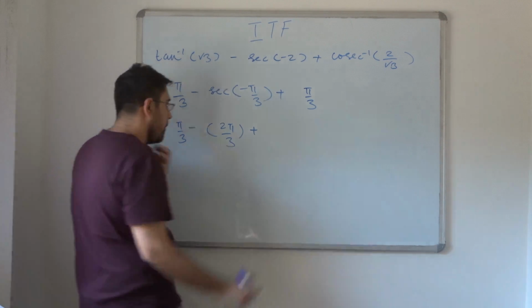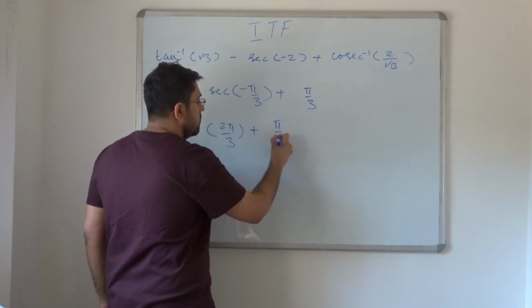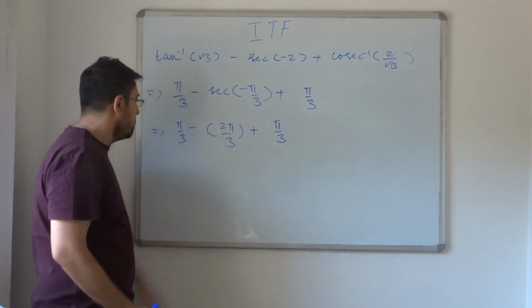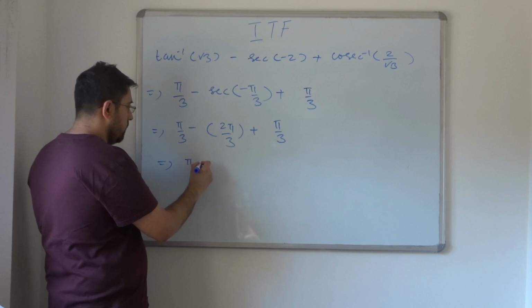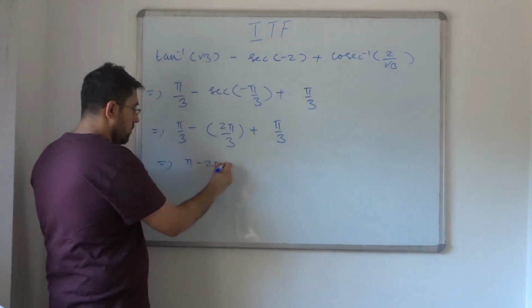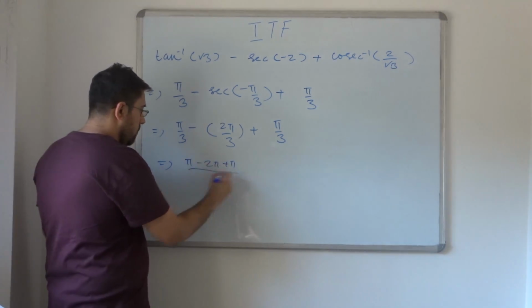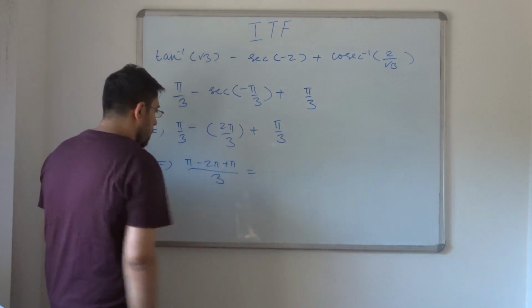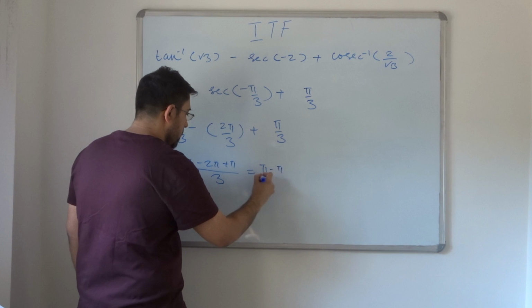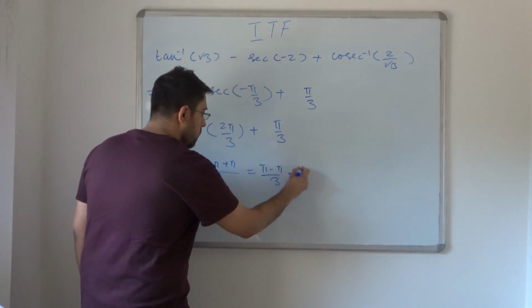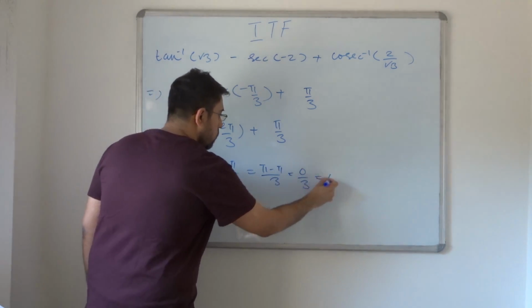So this will also be this. So that is why you have 0.3. Then you have pi minus pi 0.3, so you have 0.3 which equals 0.